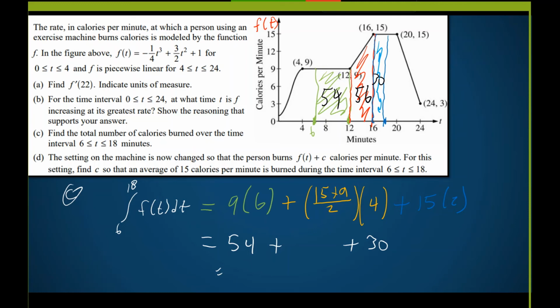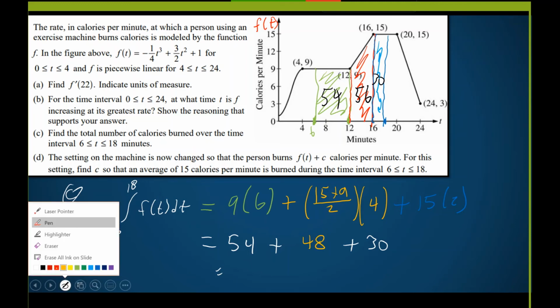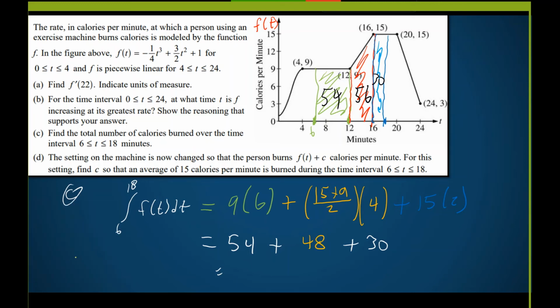That gives us 24 over 2 is 12 times 4 is 48. And if I add that up, that'll give us 132 instead. Sorry about that, didn't catch that early enough.